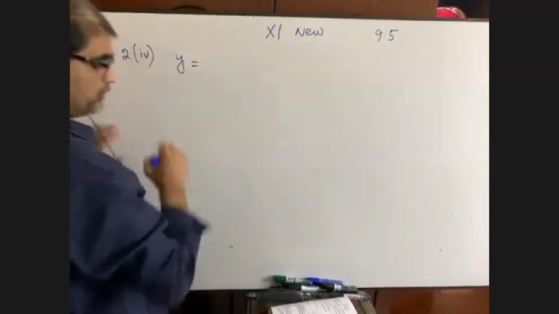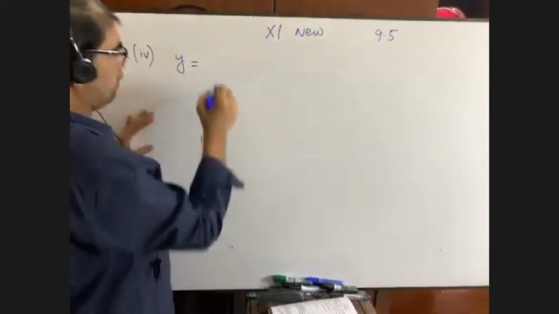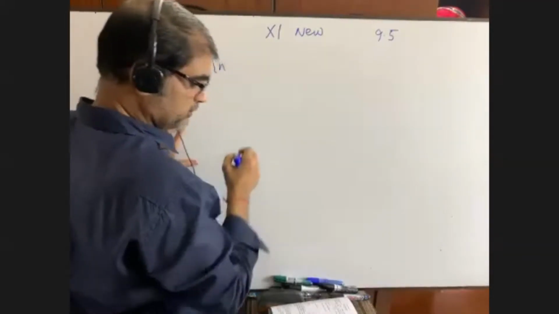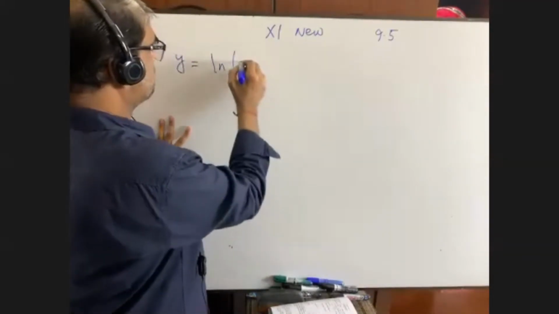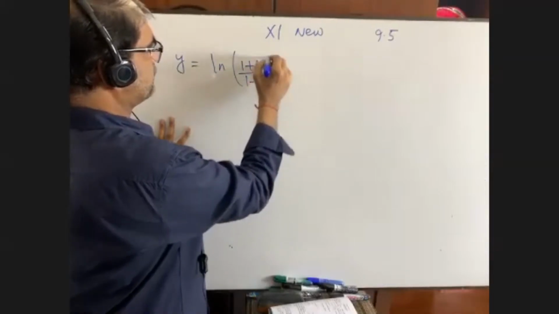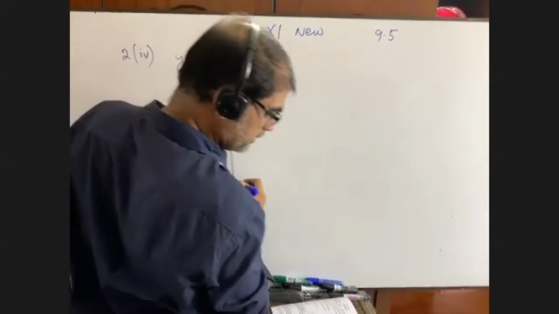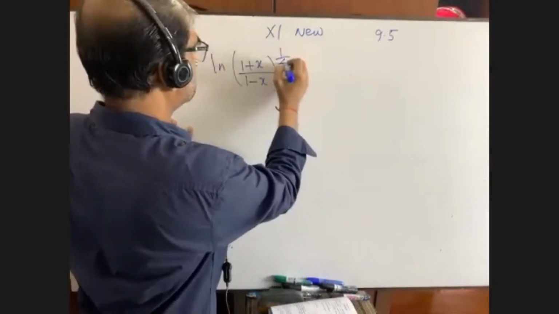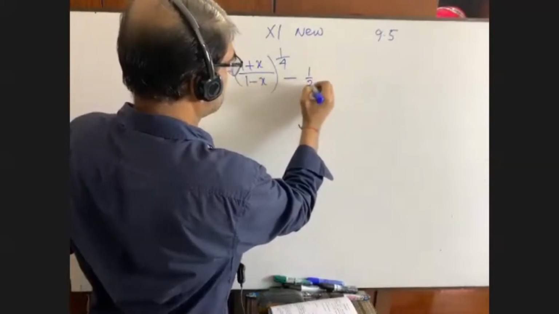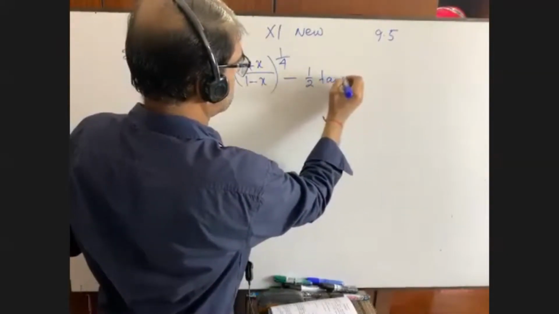Y is equal to ln of (1 plus x by 1 minus x) whole to the power 1 by 4, minus half tan inverse x.